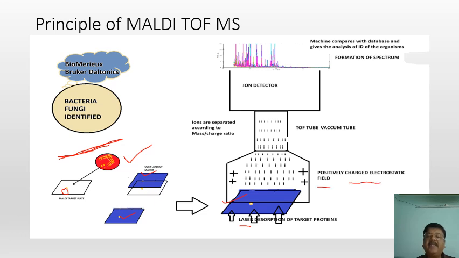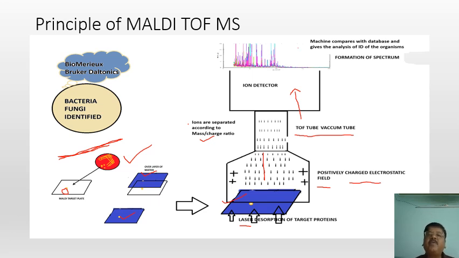So laser assisted ionization will occur, and the exposure of laser to that MALDI TOF plate will release the ions, and these ions will pass through the time of flight tube, which is a vacuum tube, and the ions are separated according to mass charge ratio and go into the ion detector, where the machine compares with the database.